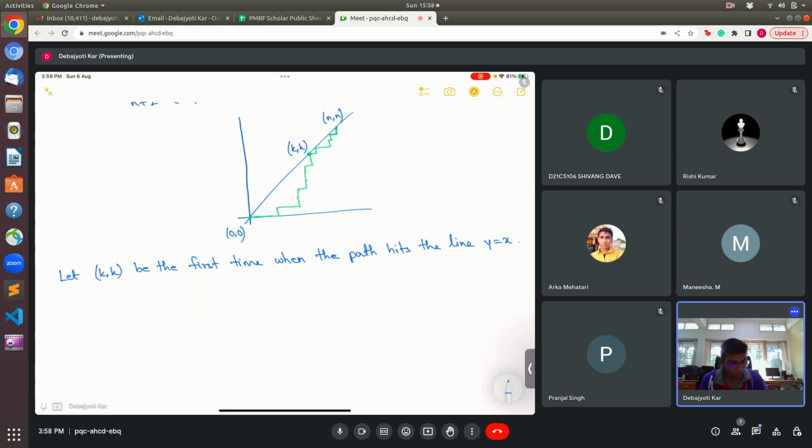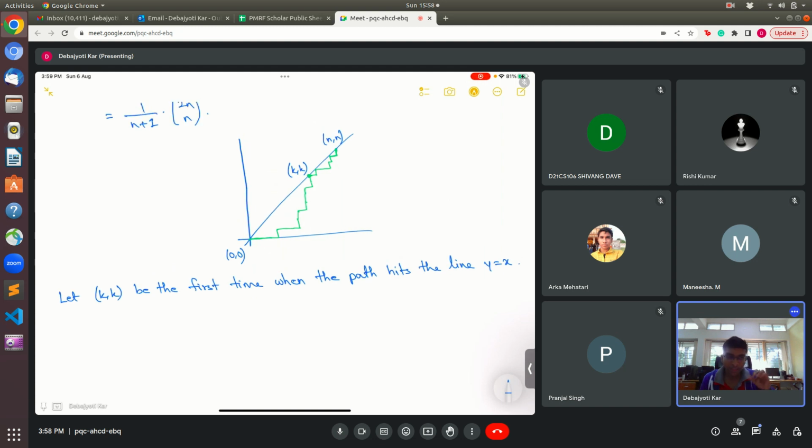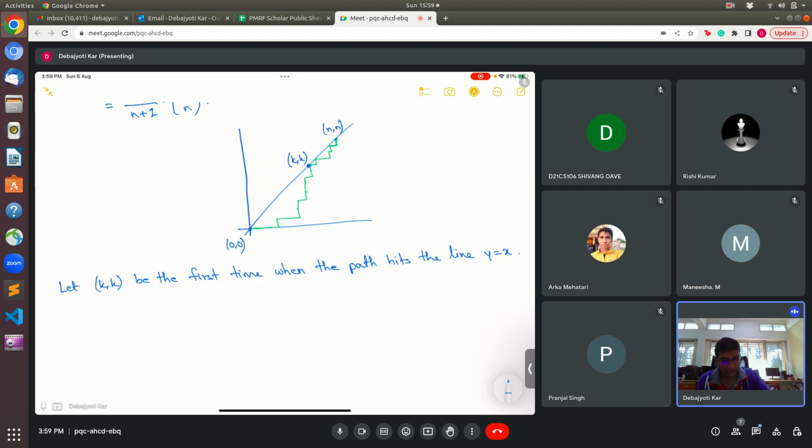So what we have done is split the path into two parts. One part of the path is between 0, 0 and k, k, and the other part is between k, k and n, n. Now from k, k to n, n, how many possible such paths are there which do not cross the line y equal to x?